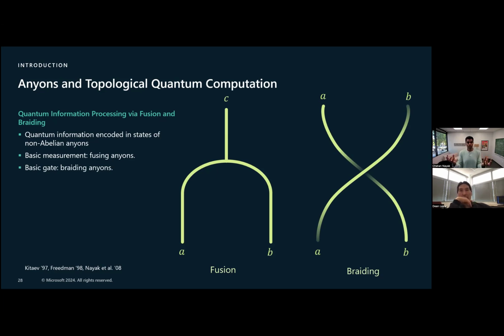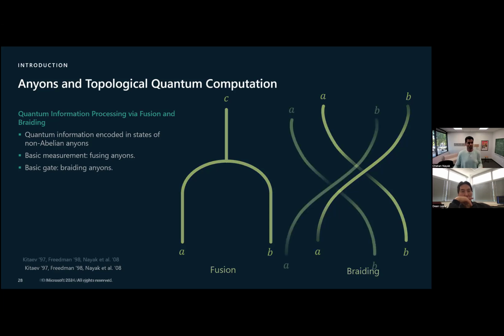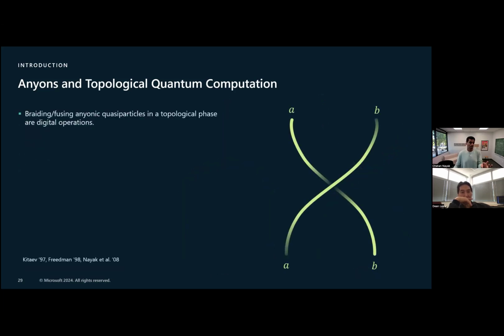You take two of these anyons and you exchange them. And the reason that this is an attractive concept is that if I look at braiding or fusion for that matter, let's focus on braiding for a moment, then the specific path in which I braid them doesn't matter. It's still an exchange. It's still a counterclockwise exchange of these two particles.